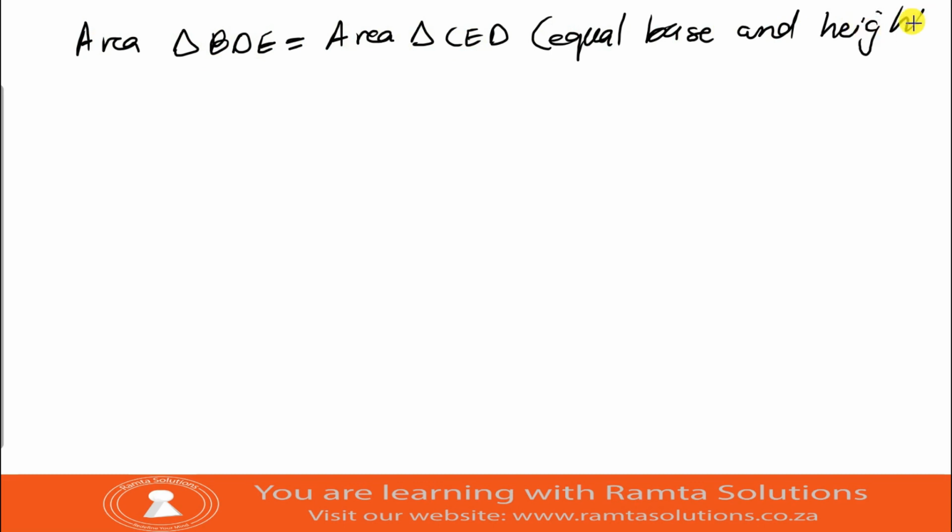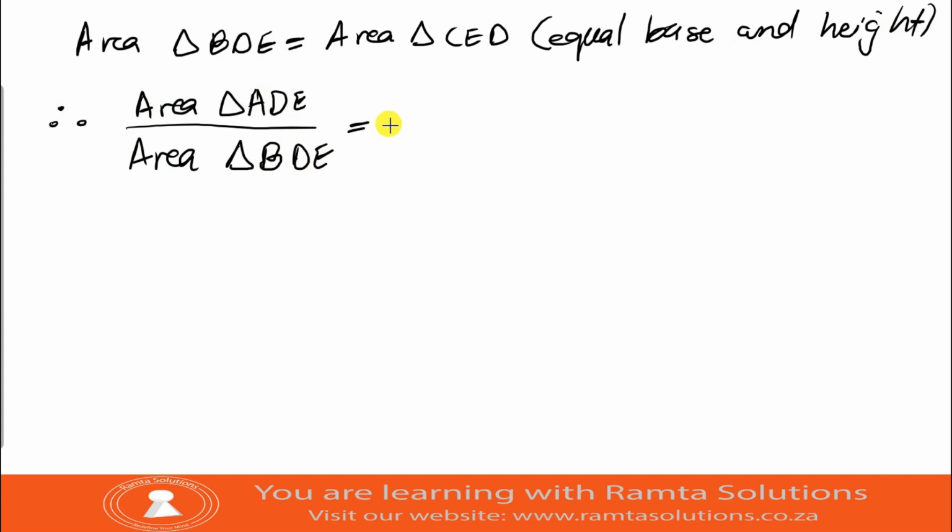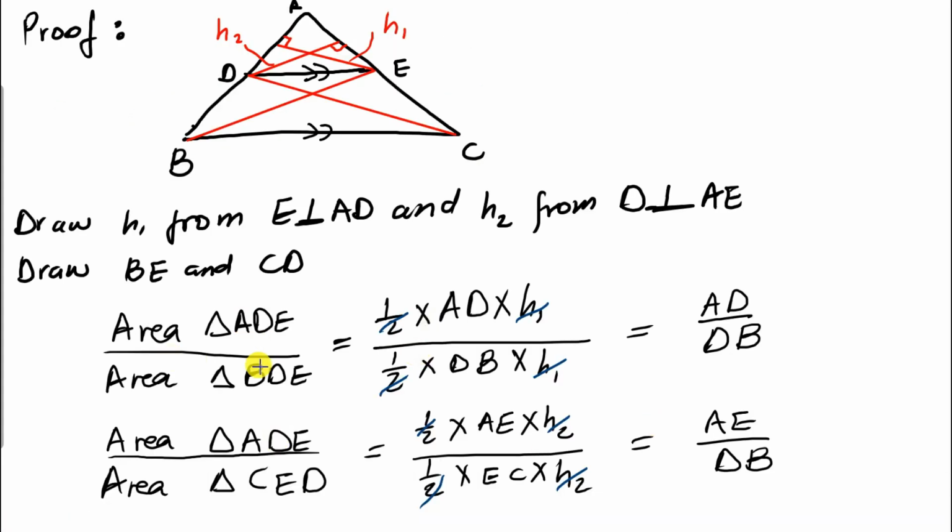So we can therefore conclude that area of triangle ADE over area of triangle BDE is equal to area of triangle ADE over area of triangle CED.